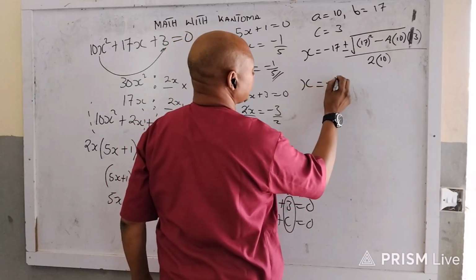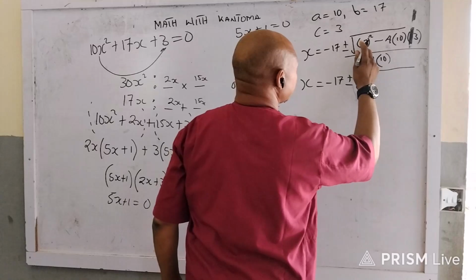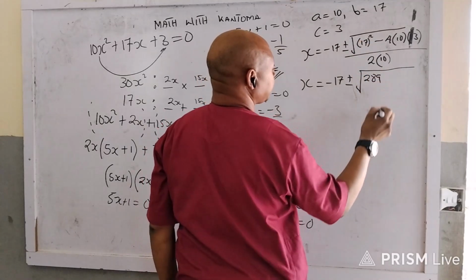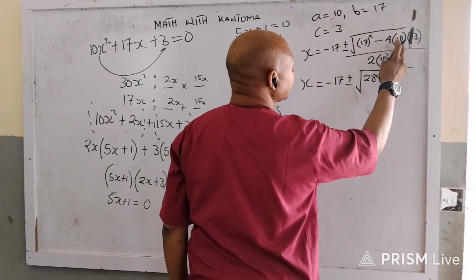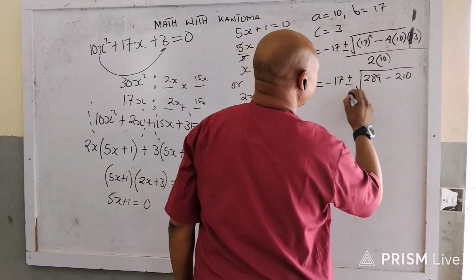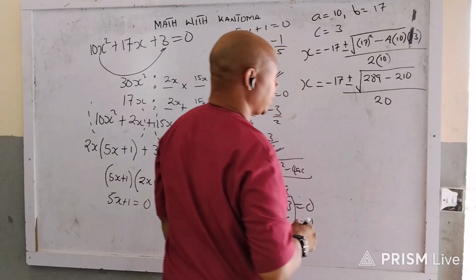x is equal to minus 17 plus or minus square root of 17 squared. Now 17 squared is 289. Minus 4 times 10 is 40, times 3 is 120. Divided by 2 times 10 is 20. Right?